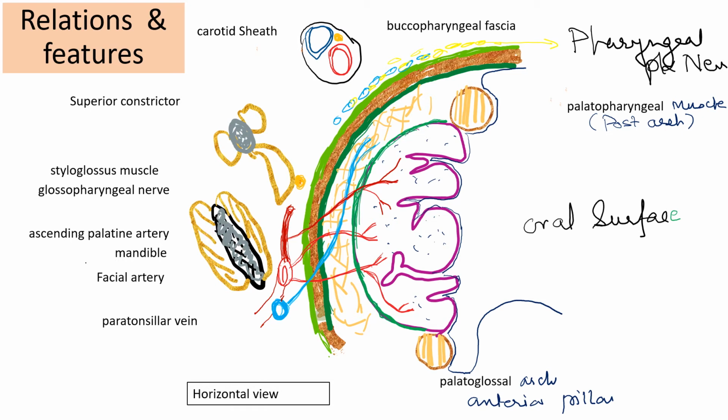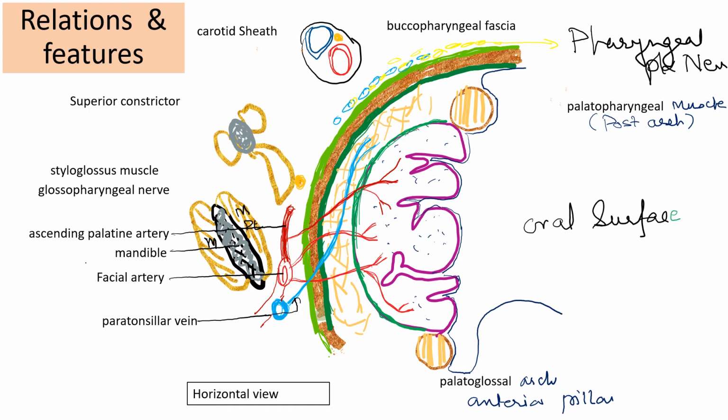Externally is the masseter muscle and the medial pterygoid muscle. And this is the masseter muscle. And this is mandible. Let me just mark it. Mandible. This one is the facial artery, the paratonsillar vein draining into the facial vein, the ascending palatine artery here.